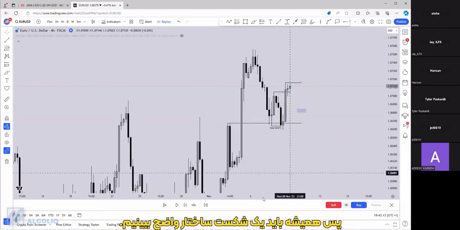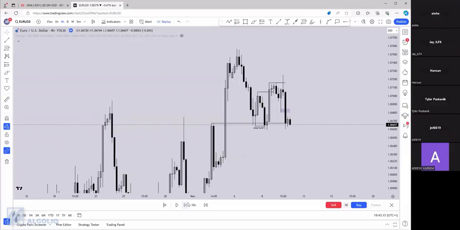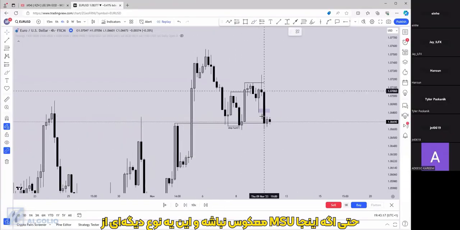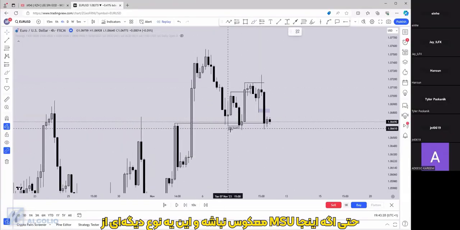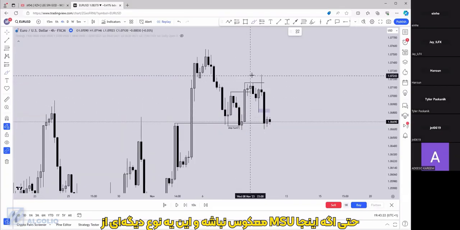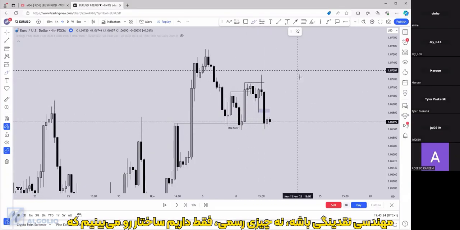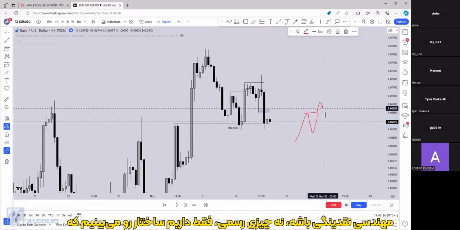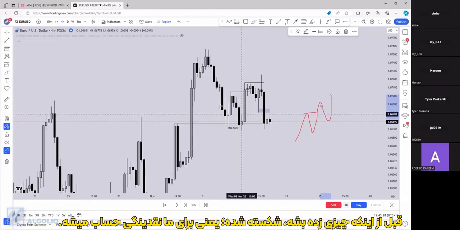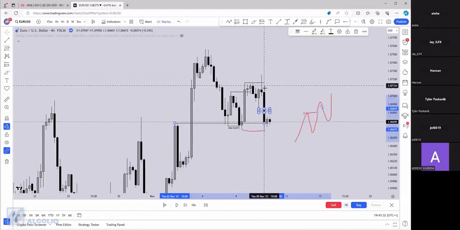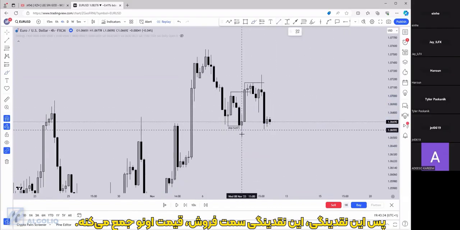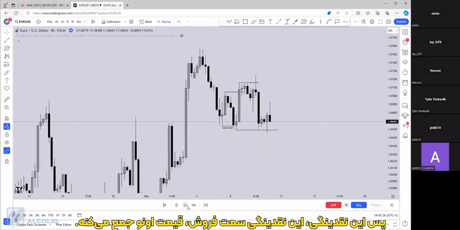So we always want to see some visible break of structure, even though this is not a reversal MSU, and this is like some form of other liquidity engineering, nothing official. Just seeing structure being broken up before anything is taken out would mean that it's liquidity for us. So this liquidity, this sell side liquidity, price takes it out.